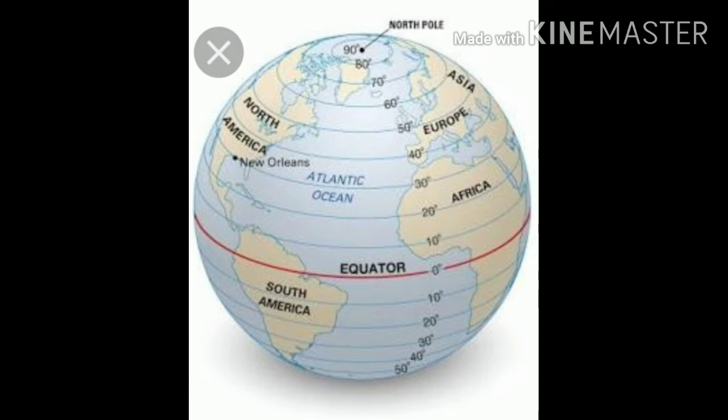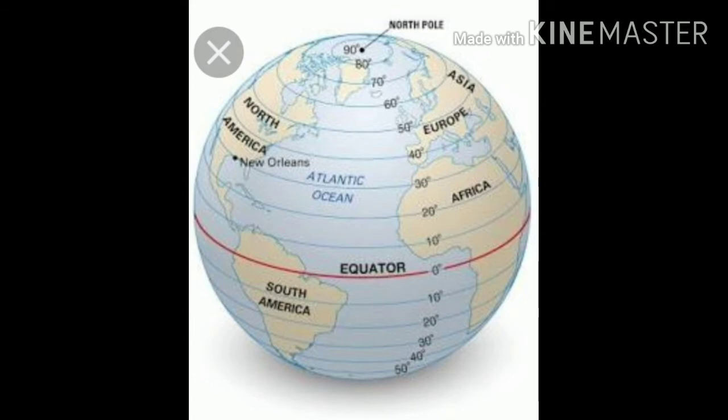Children, see this figure very carefully. You can see a line which is dividing the earth in two equal parts. It is called the equator, which is marked at 0 degree, and the circles which are moving upwards are at the same distance of 10 degree each.